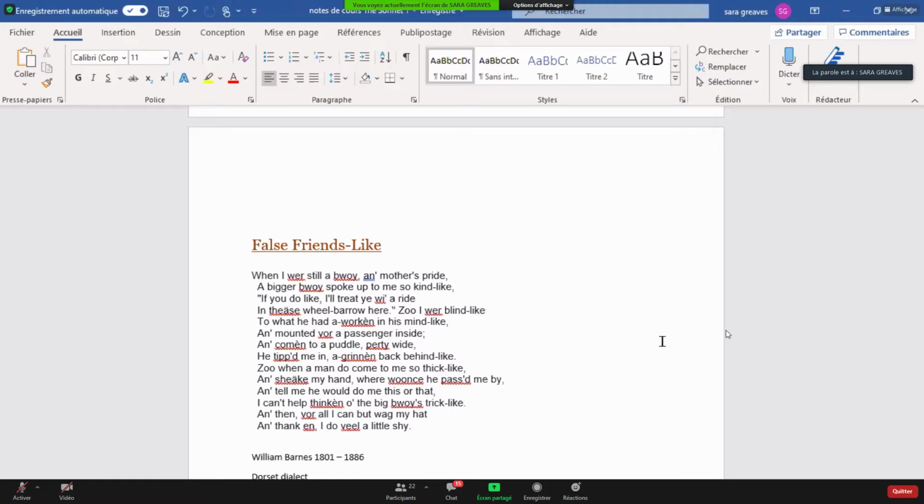So he's learned to be a bit less naive, a bit more suspicious. I do feel a little shy: I think shy doesn't mean timid in the usual sense, but a little suspicious. So as a sonnet, what kind of sonnet would you say it is? Petrarchan or Shakespearean?